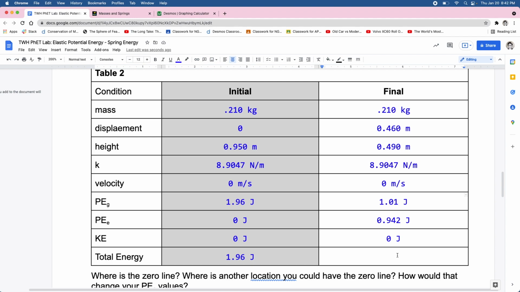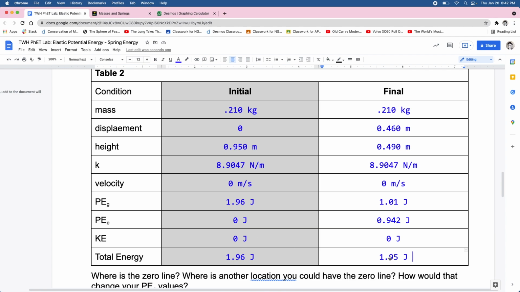I end up with 1.95 joules. All right, so the difference between 1.96 and 1.95 is due to errors in calculating the displacement and errors in the spring constant. But they are pretty close to one another.